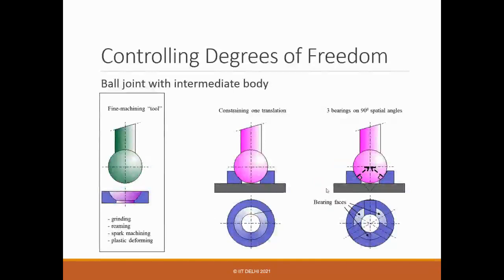If you want to create a ball joint, usually, suppose this is the stem with the spherical ball. On the other side, what most of the time people will do is they will try to create a conformal surface, a spherical hole to receive that spherical ball.